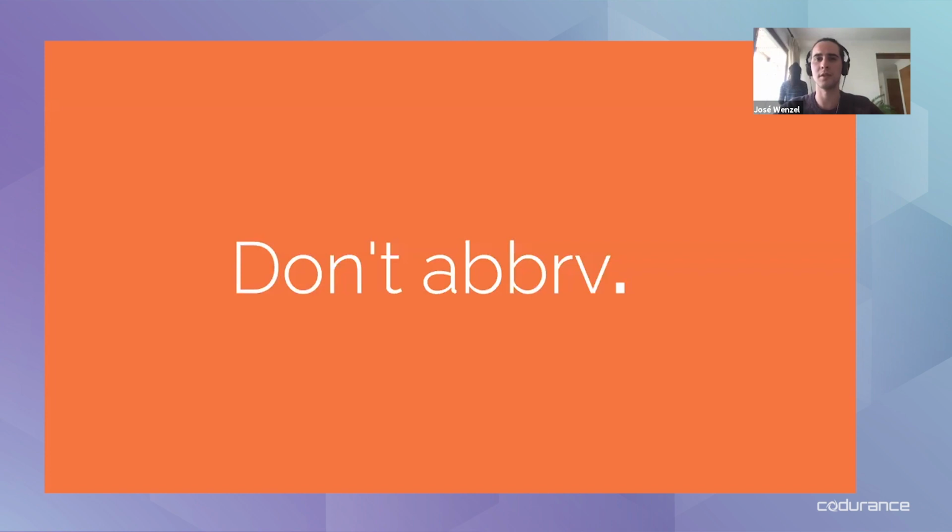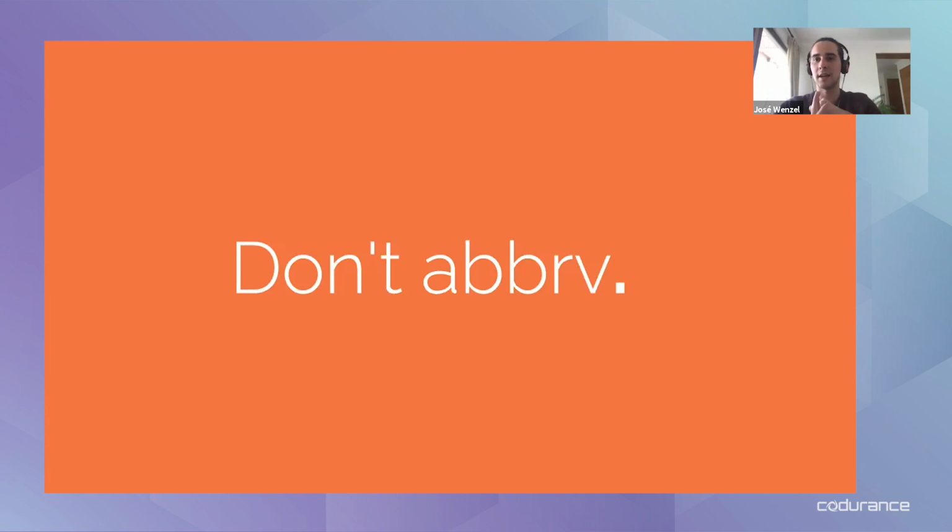Okay, we'll go to the next rule, which is don't abbreviate. This is very straightforward. It's often said that if you cannot find a decent name for your class or your method, then you're probably doing something wrong.